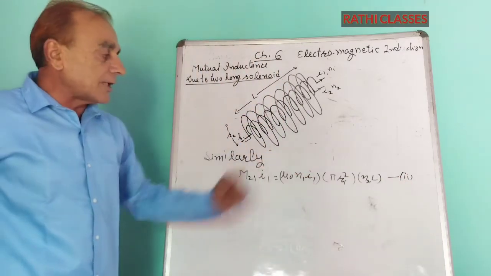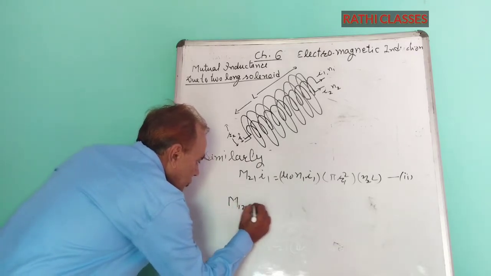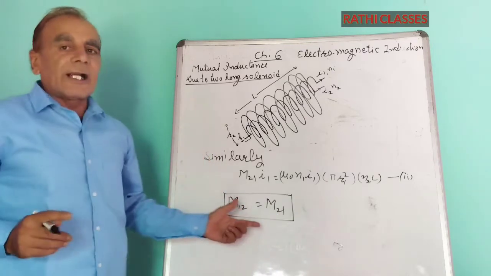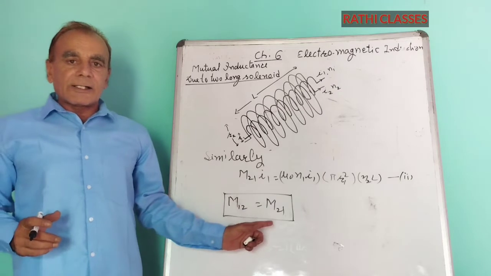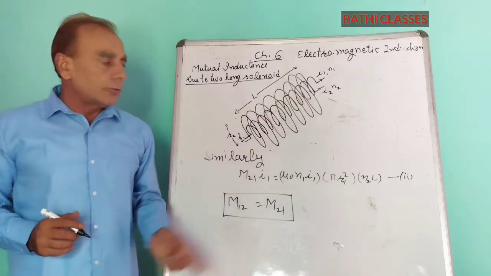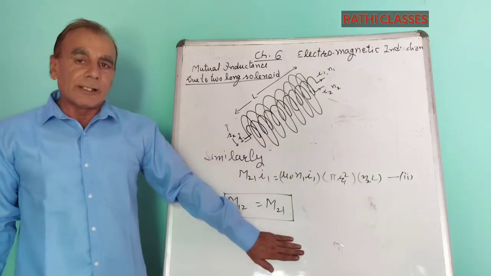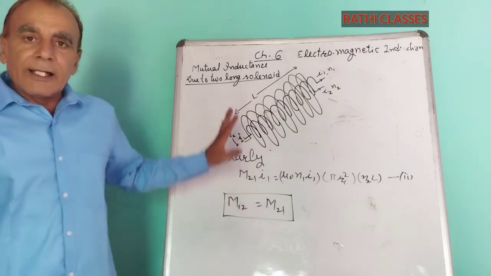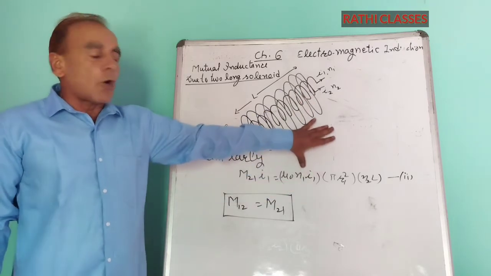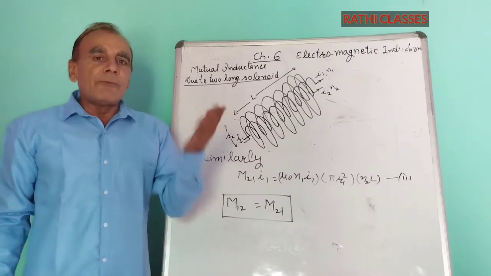From equation first and second, M12 is equal to M21. Therefore, we can say that the mutual inductance due to the first solenoid is equal to that of the second solenoid. This is the topic of mutual inductance. This topic is very important from the view of the board, 12th board.